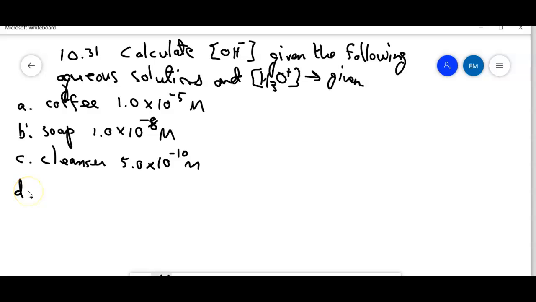D, lemon juice. We already did lemon juice. Well, in the book, they give 2.5 times 10 to the minus second molar. That's interesting.